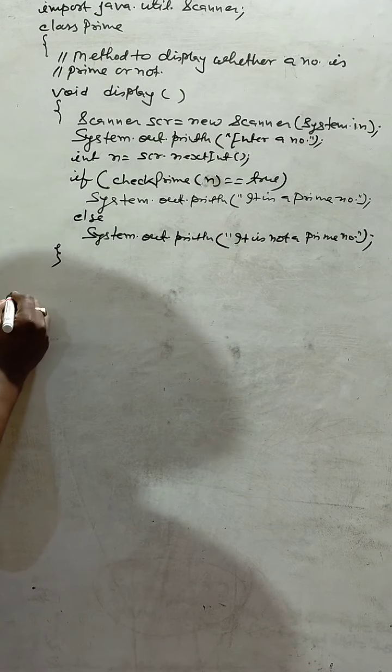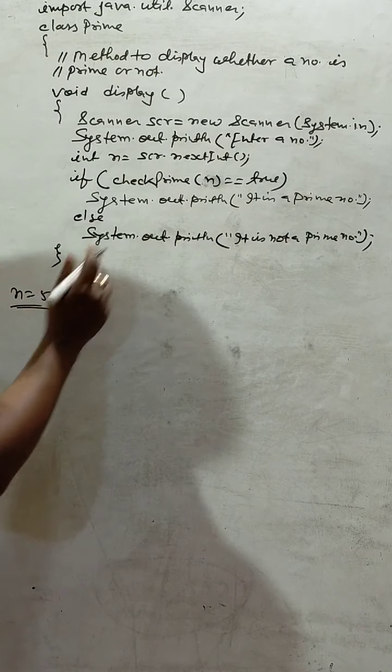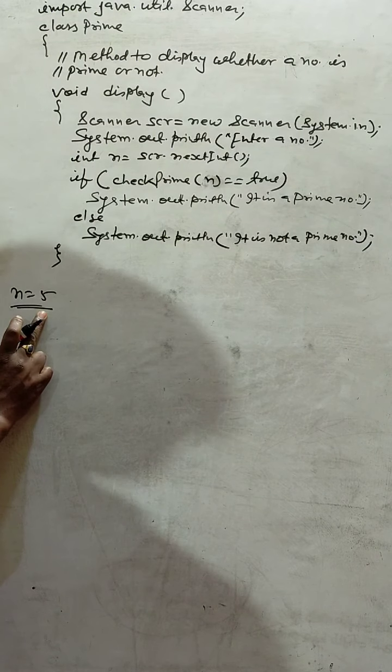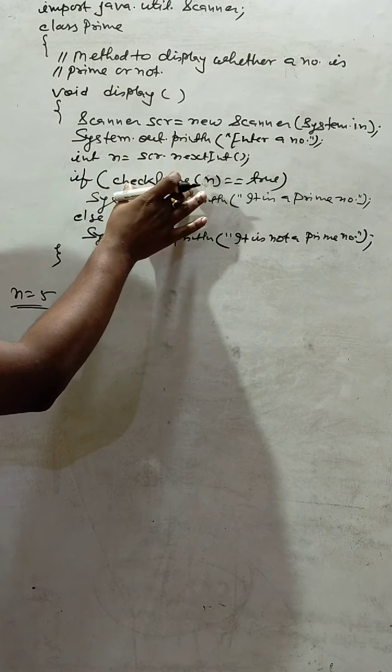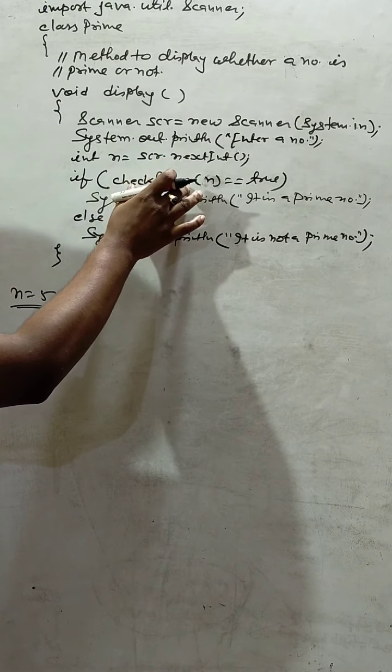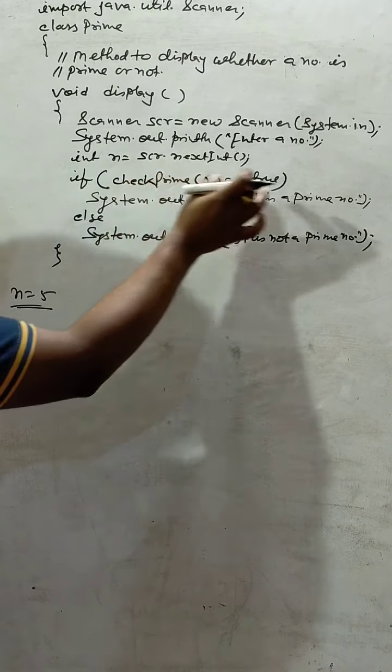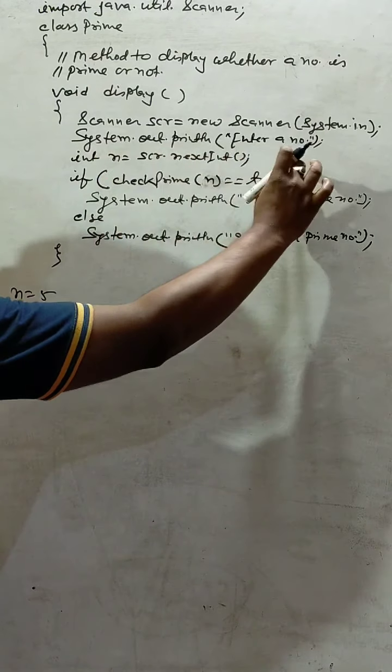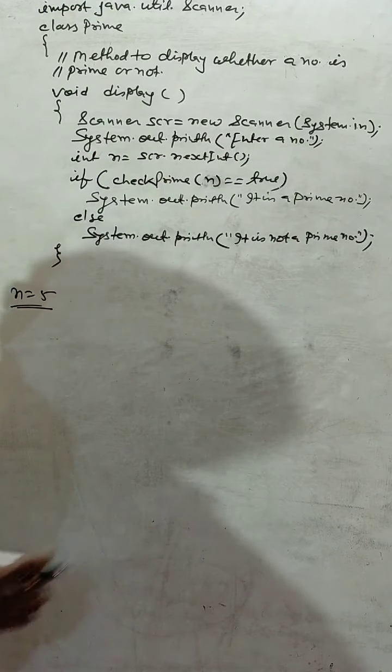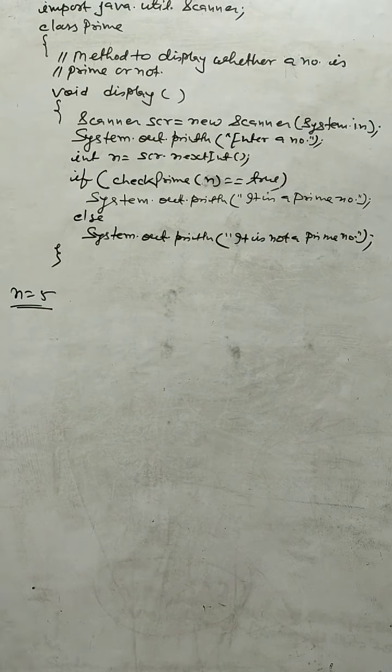If suppose we entered n equal to 5, since n is a prime number, this function will check n and return a value true. True equal to true, therefore the entire expression is true, therefore it will print it is a prime number.